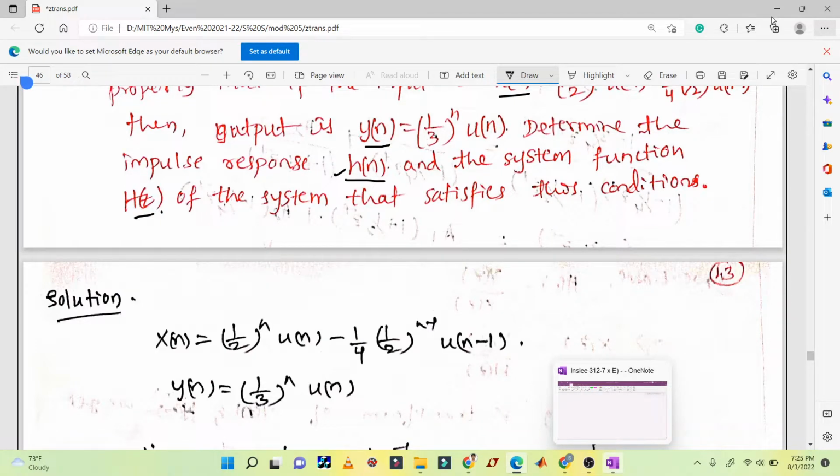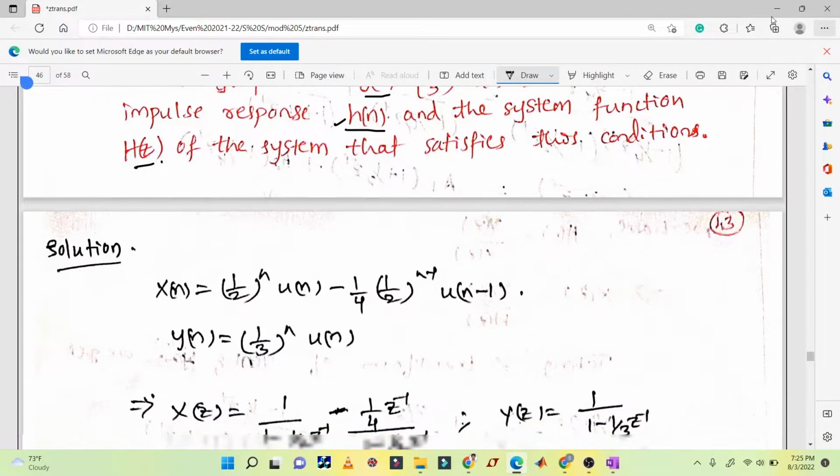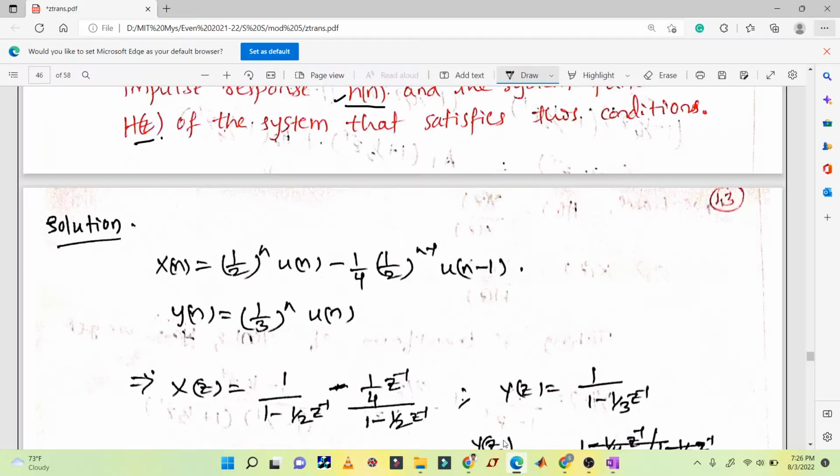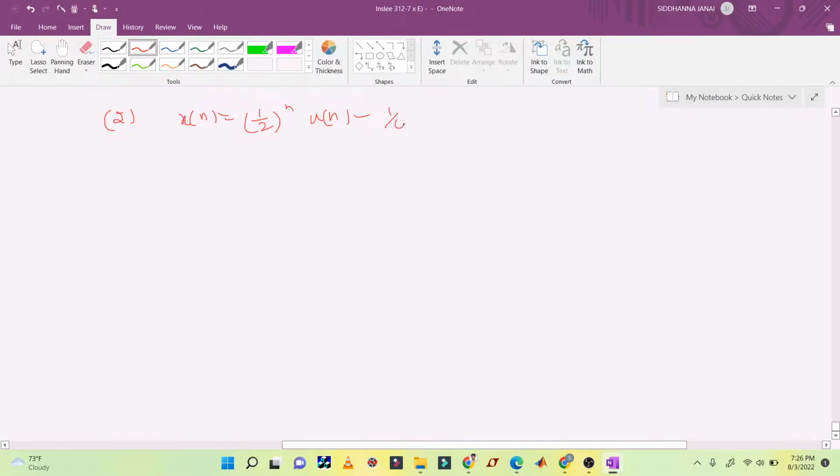So the second problem is like x of n is equal to 1 by 2 to the power n u of n minus 1 by 4 into 1 by 2 to the power n minus 1 u of n minus 1.